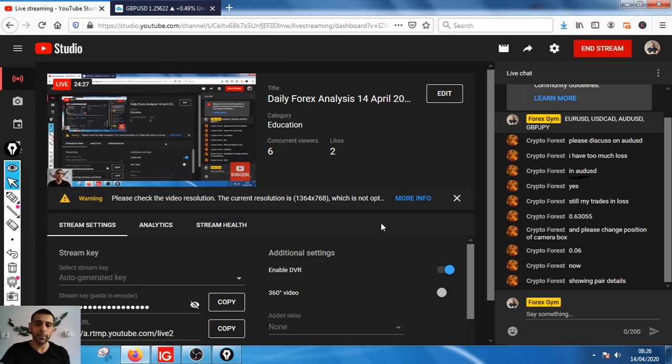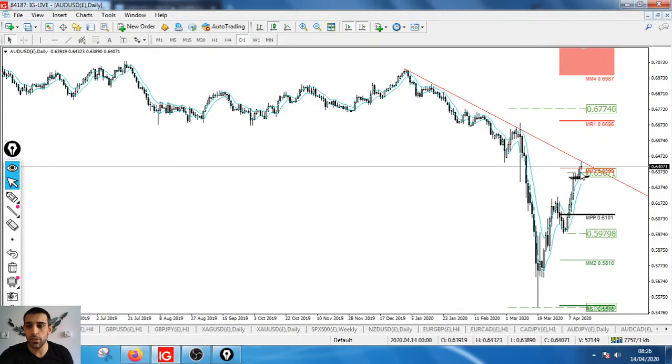But in my view, it looks like price wants to continue towards upside. For now, I do want to see more confirmation, a break of this trend line here.